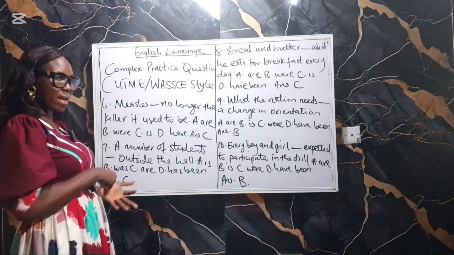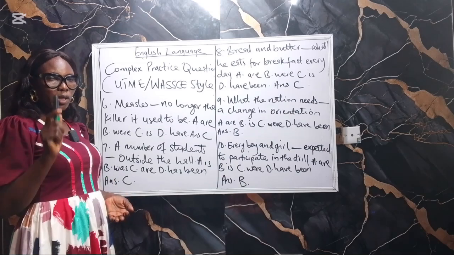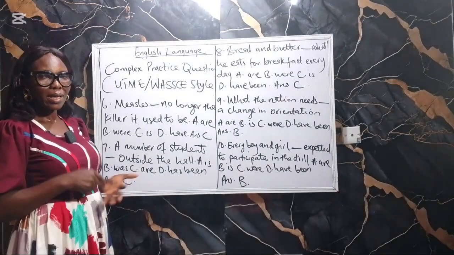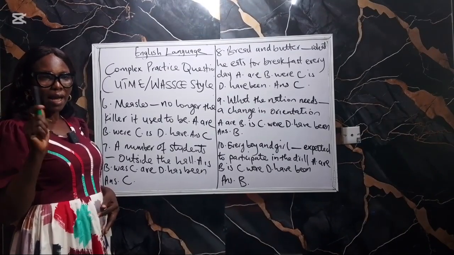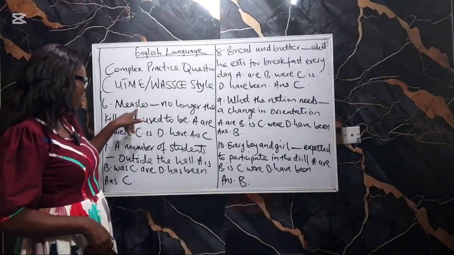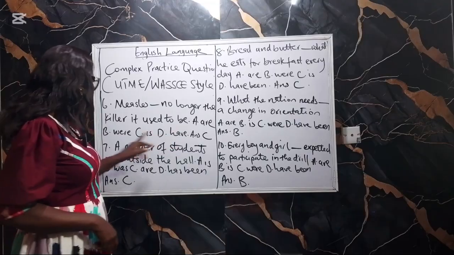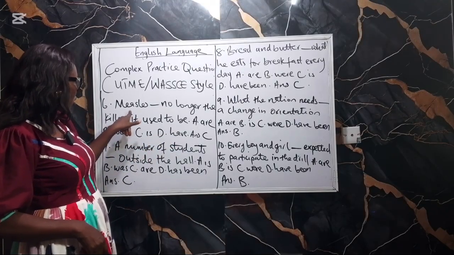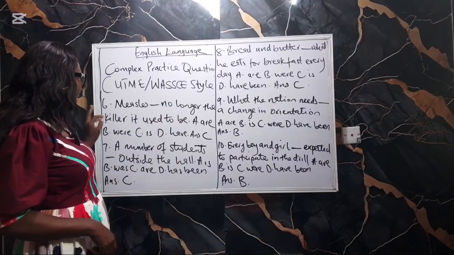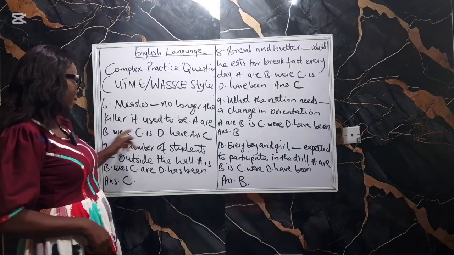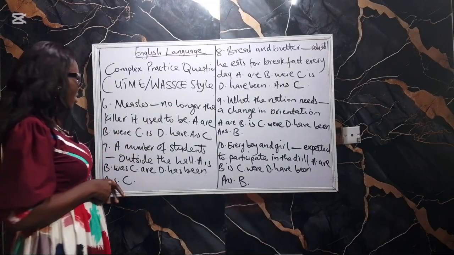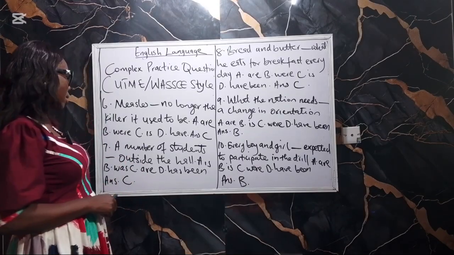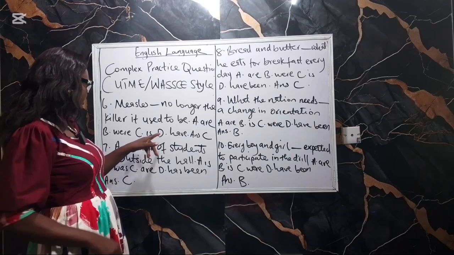When S is added to that disease, but it represents a single entity, then the answer will be a singular verb. So of are, were, is, have, we take is. Measles is no longer the killer it used to be. Just as we say statistics is, economics is. So the answer is C, is.